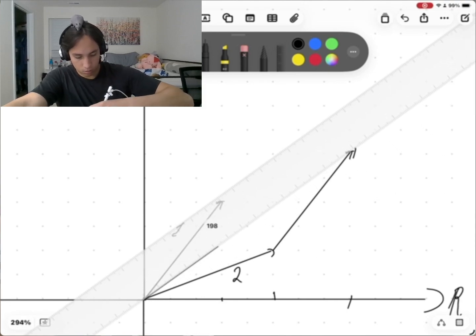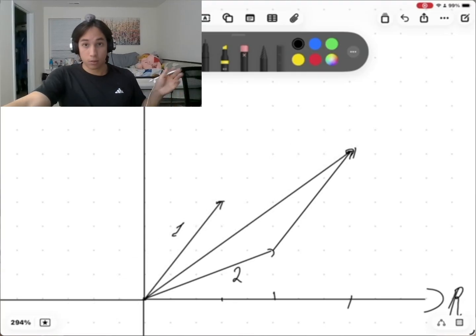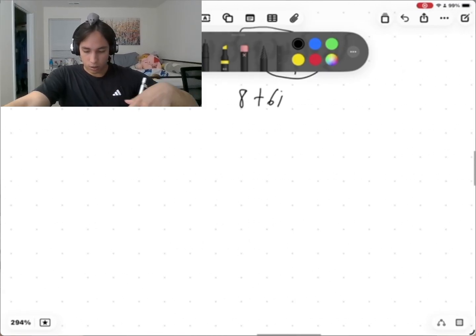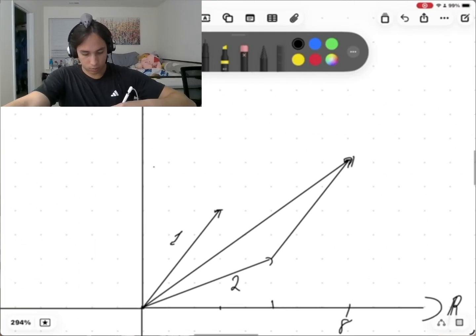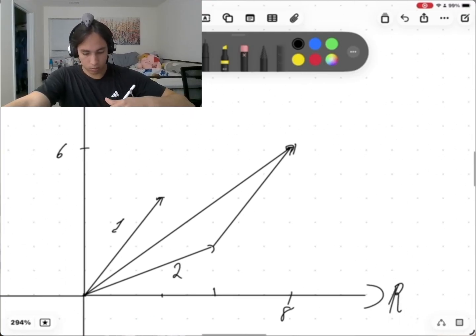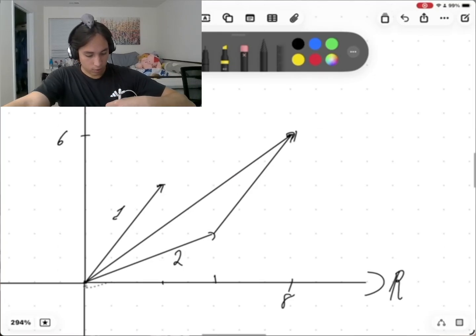So the resulting vector is, bam. How about that? It is what we said. It's 8 plus 6i. This is 8 and this is 6. So as you can see, it does work graphically, and it can go both ways.